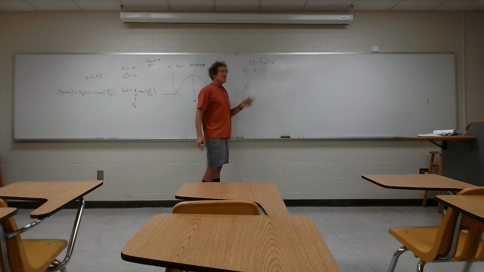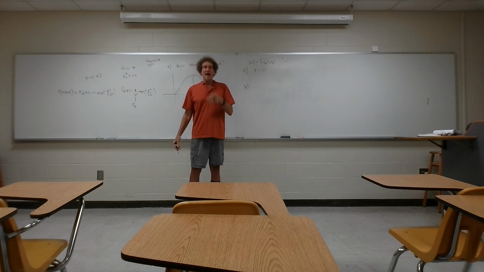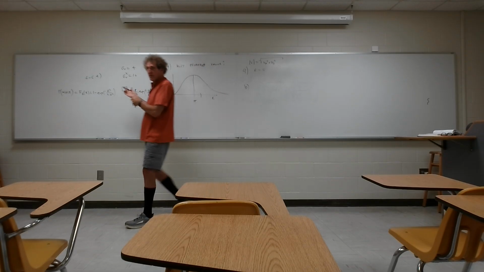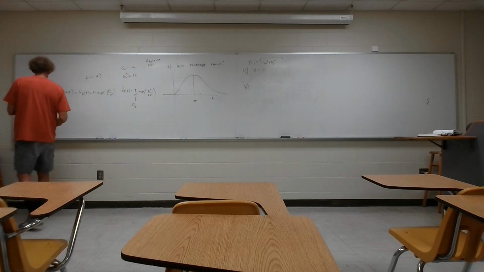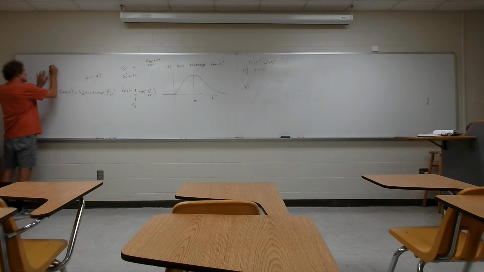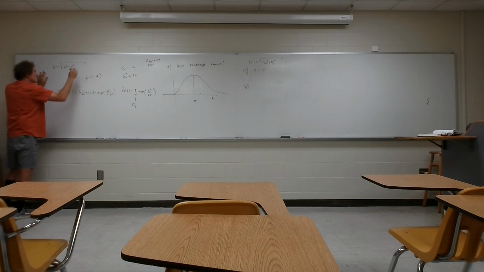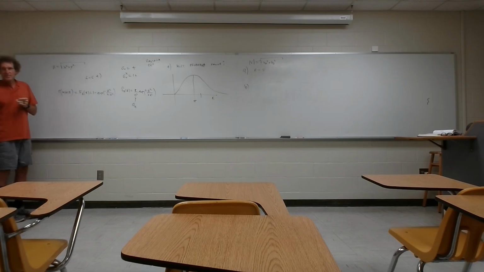Since Vx and Vy have Gaussian distributions, this is the same form of the actual formula that the Rayleigh is based on. The Rayleigh distribution is based on the fact that R is equal to the square root of x squared plus y squared, where x and y are any two orthogonal coordinates in a 2D plane.